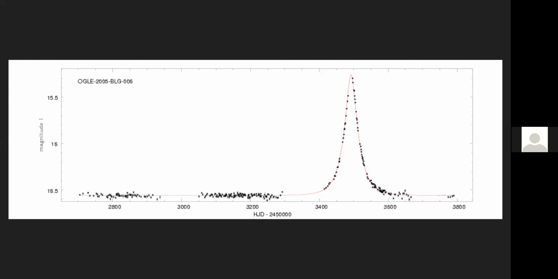So three different groups ended up looking at three different targets. And what they needed was a background star field that was extremely dense and would hence make the lensing events more frequent. So one group chose the Large Magellanic Cloud, another group chose the Small Magellanic Cloud, and a third group chose the nucleus of our galaxy.